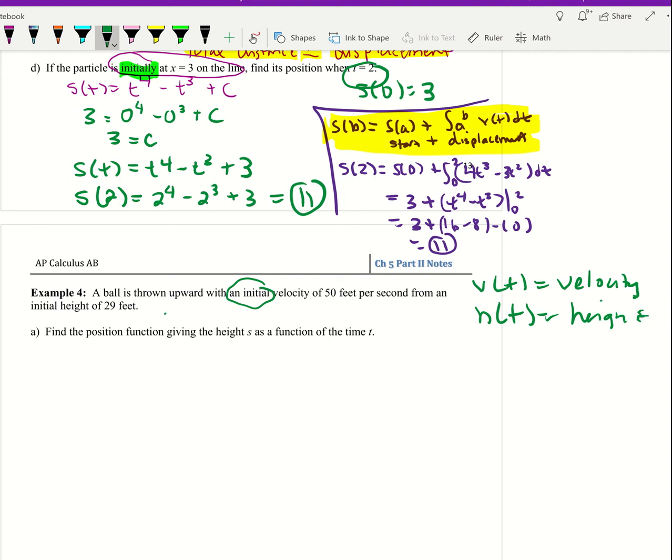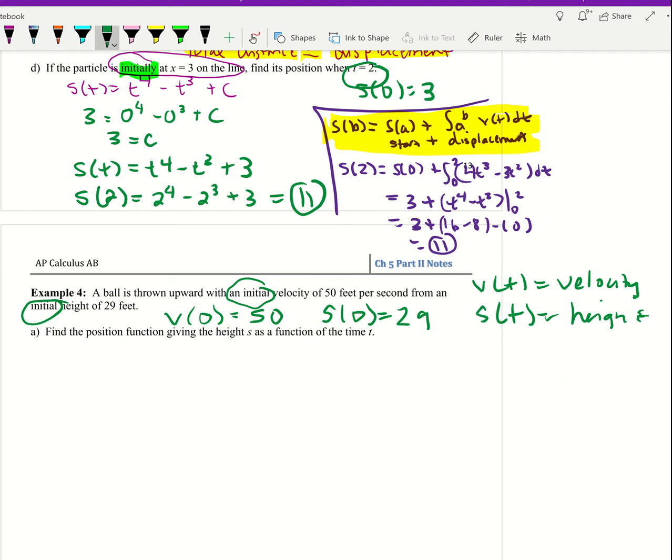They are telling me my initial velocity at time 0 is 50, and the initial height, h of 0, is 29. We want to find the position function, giving the height s. I guess we're using s for height, not h. We'll follow theirs. As a function of time t.